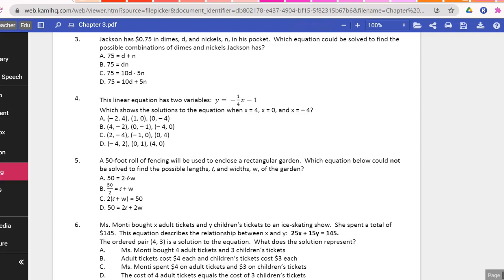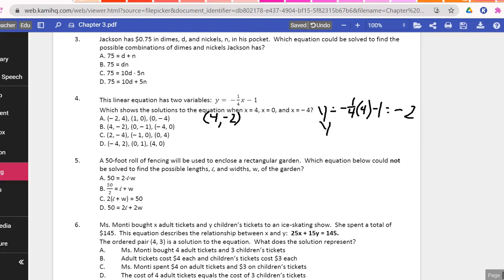So when you plug in 4 for x, y = -1/4 times 4 minus 1. Negative 1/4 times 4 gives you negative 1. Negative 1 minus 1 gives you negative 2. So the first ordered pair is going to be (4, -2).